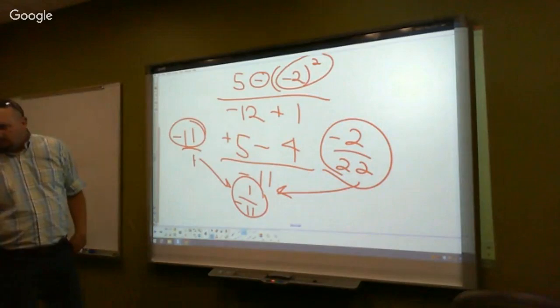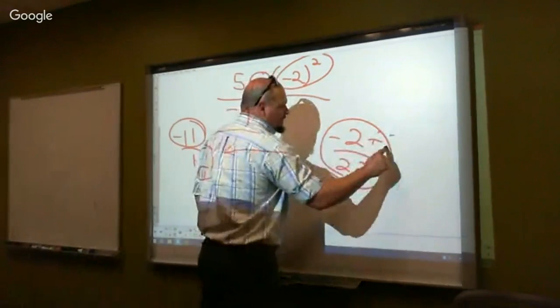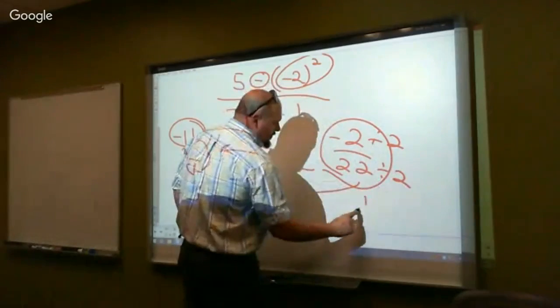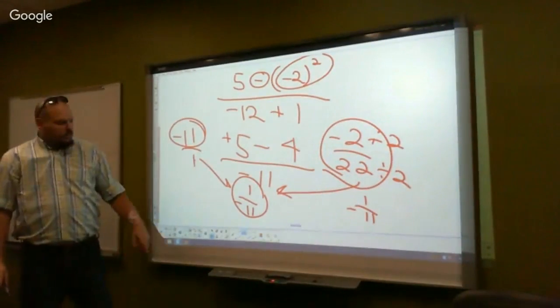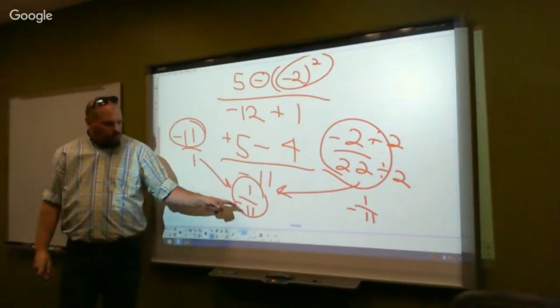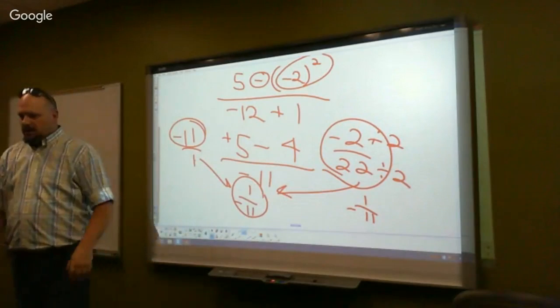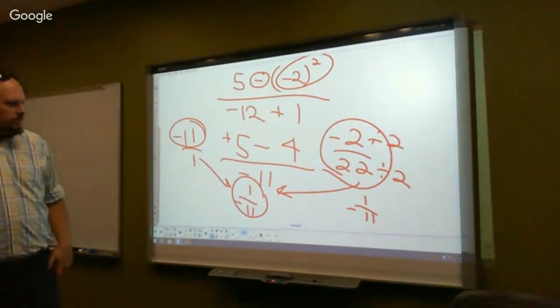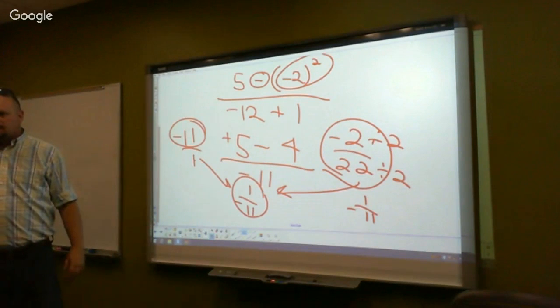Or you can simplify that one, because we can divide by 2, divided by 2. So it's as far simplified as it can go. When your numerator is 1 and your denominator is 11, you're done. Who's got questions?